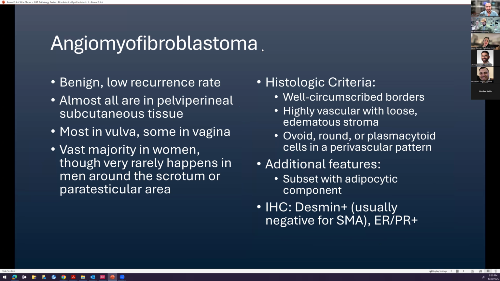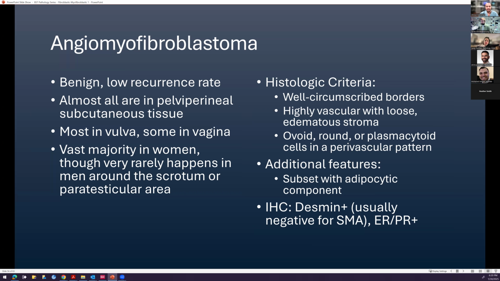Okay. We have one other tumor here that I always feel like falls into the same features just because it's another groin lesion, but these are not RB1 loss. I believe I have a picture of it later. So angiomyofibroblastoma: these are benign tumors, and they pretty much always are in the perineal area, usually in the subcutaneous tissues, mostly in the vulva, but sometimes they arise in the vagina or even within the gynae tract.